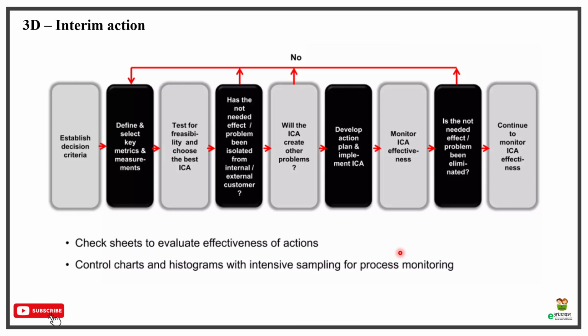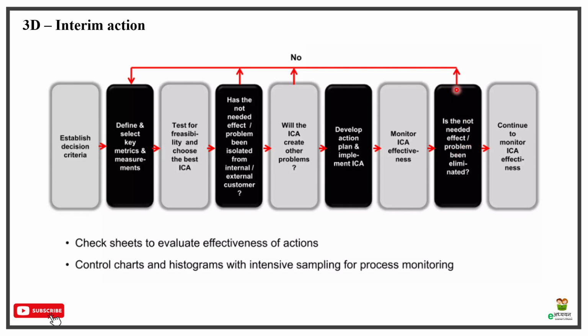Then take an interim action. Here establish the decision criteria, then define the select tree matrix, test for feasibility and choose the best ICA, interim corrective actions, and go through this flow chart till the unwanted effect or problem is eliminated. If it is eliminated, continue to monitor the ICA.